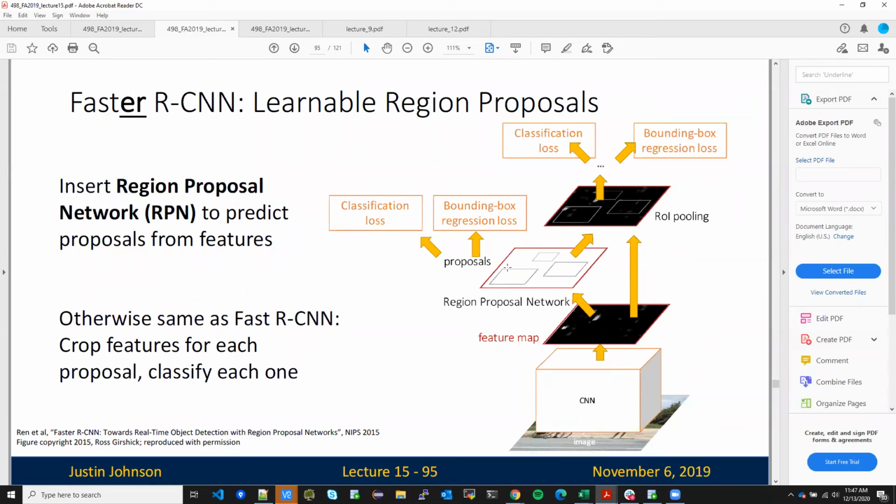What is new in faster RCNN is that this region proposal network tries to say two things: is my proposal something of interest, should I keep it or not keep it, should I pass this proposal to the next layer or not.